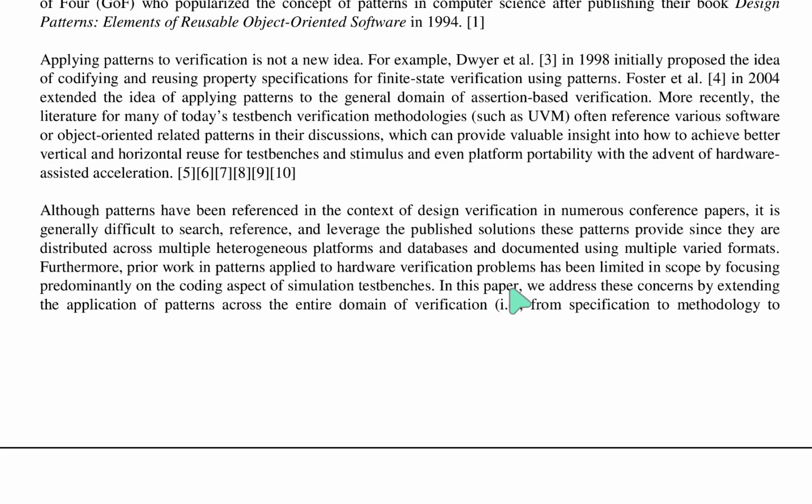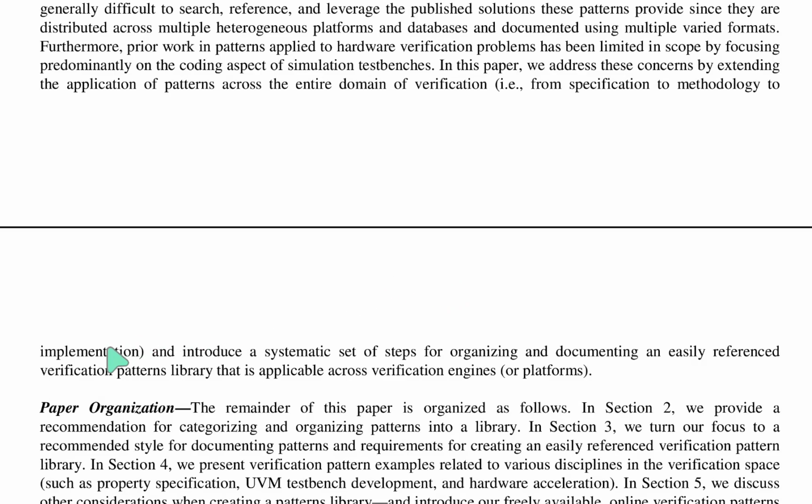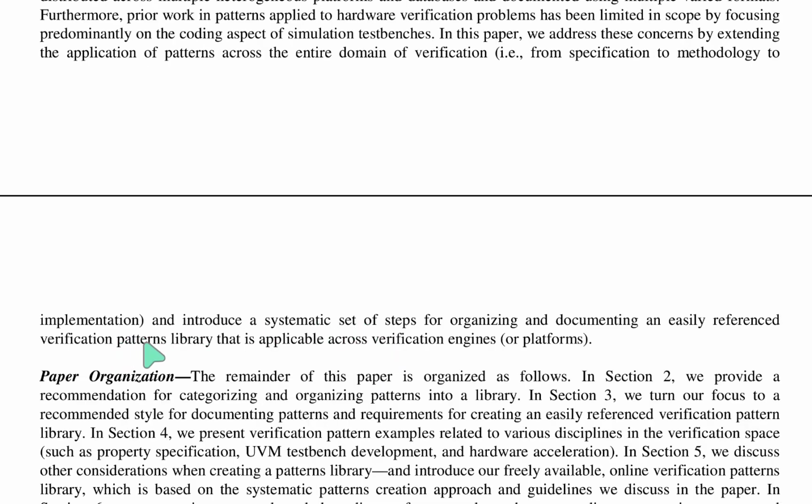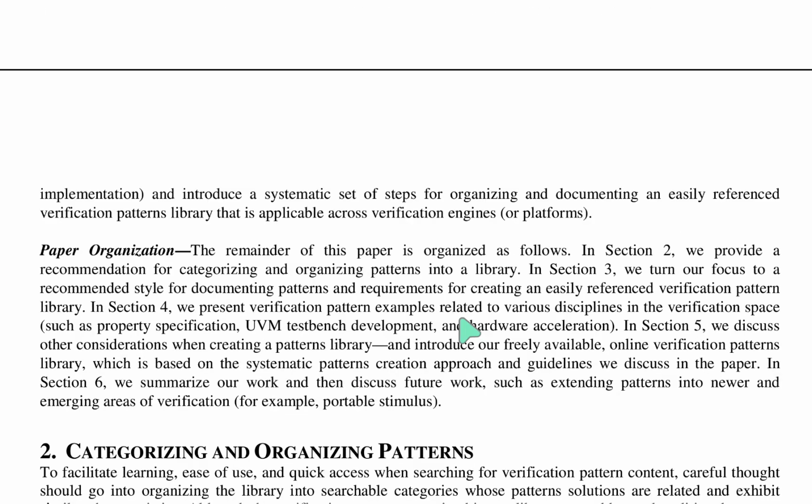In this paper, we address these concerns by extending the application of patterns across the entire domain of verification, that is, from specification to methodology to implementation, and introduce a systematic set of steps for organizing and documenting an easily referenced verification patterns library that is applicable across verification engines or platforms.